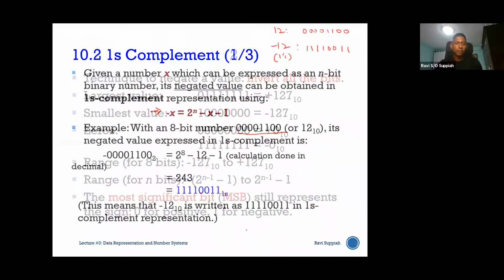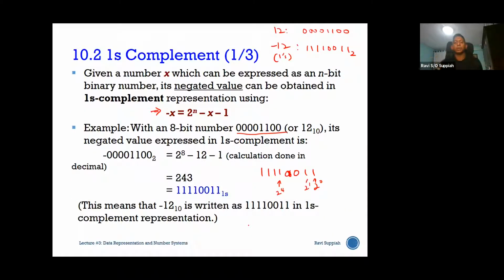That means when I come back here and the same 8 bits 1111 0011 are a ones complement number, and I ask you what is the actual value, you can say that the most significant bit is a 1, which means that this is a negative number.